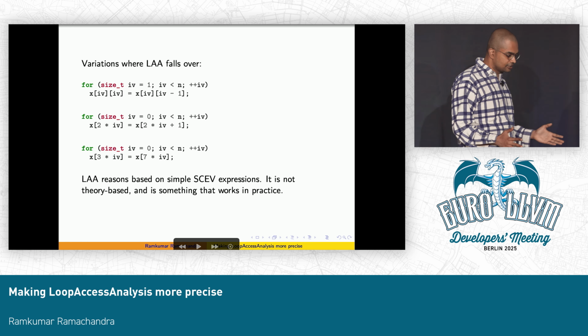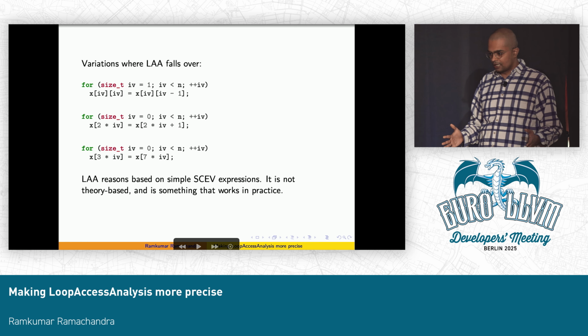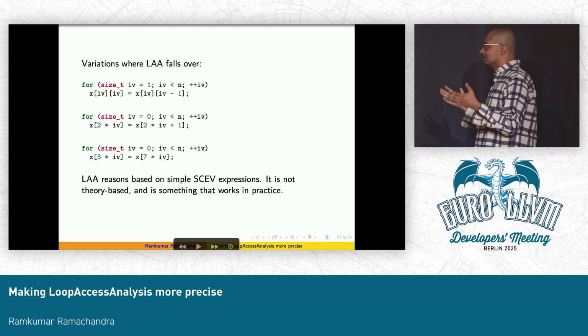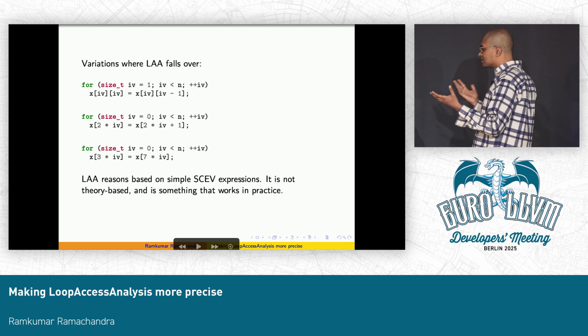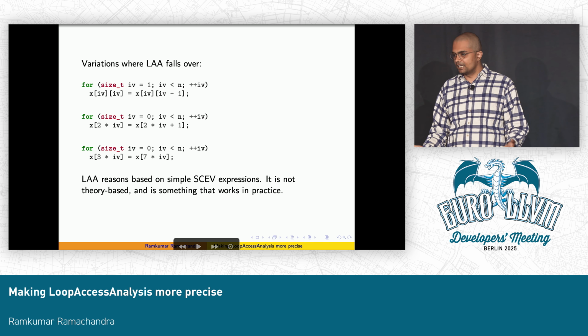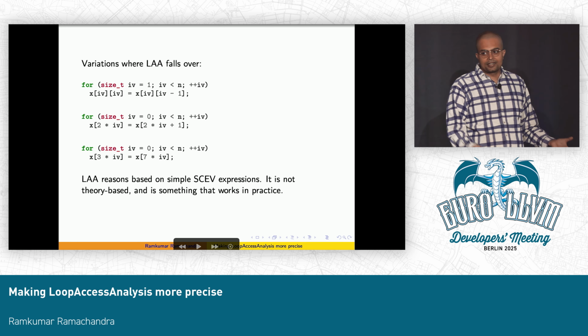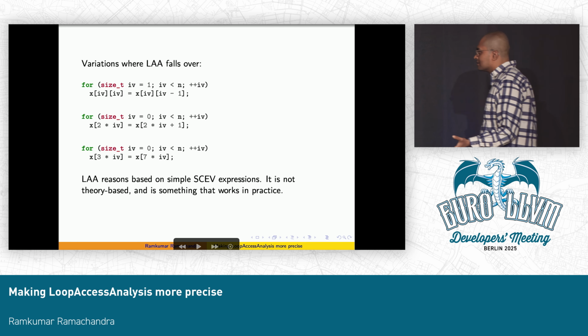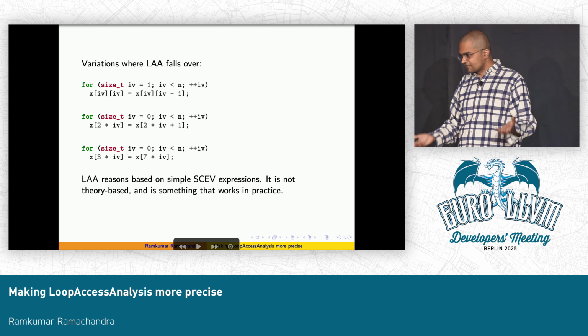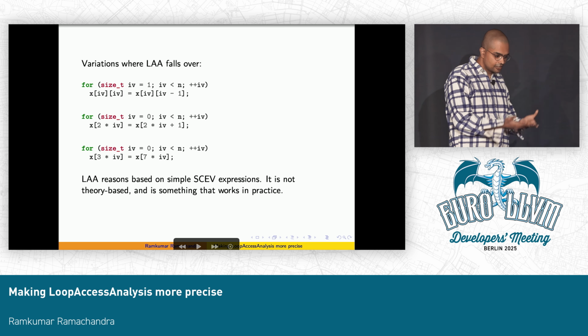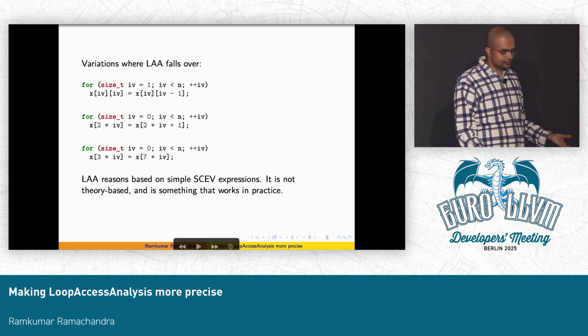You can ask what is the utility of telling me the dependence if it's not vectorizable anyway? But if it's not vectorizable, I mean, LoopAccessAnalysis is a freestanding analysis, right? So it should give you a dependence analysis.